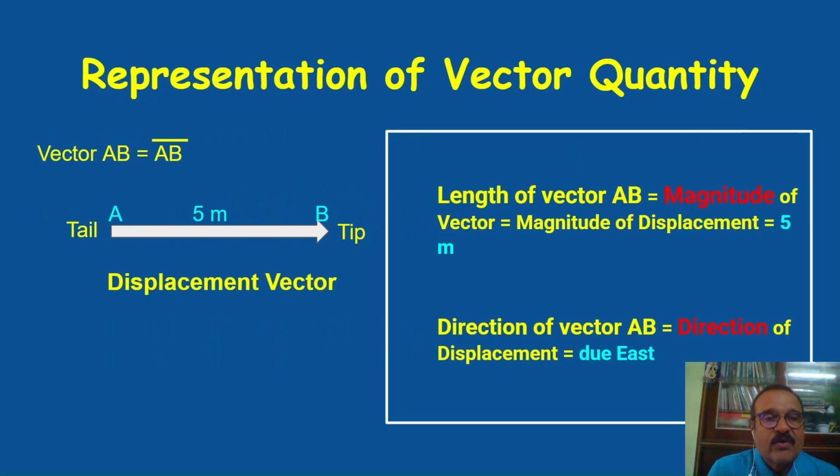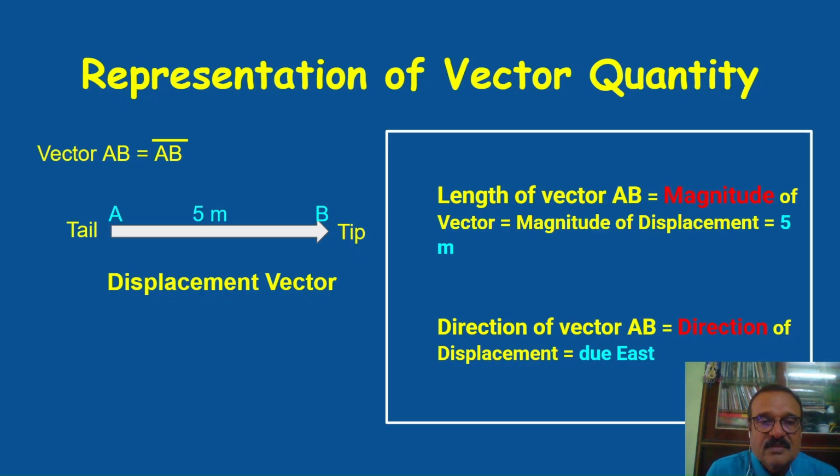Now here we have taken example of displacement vector. Actually, vector is represented by an arrow. Here, arrow AB represents displacement vector. A is tail of the arrow and B is the tip of the arrow.